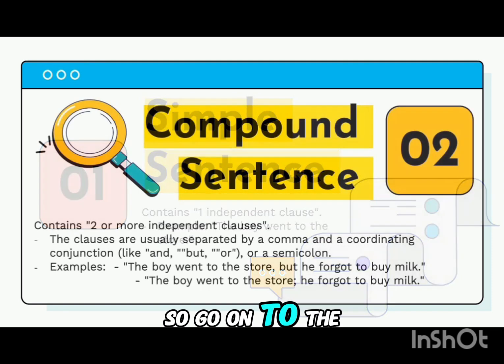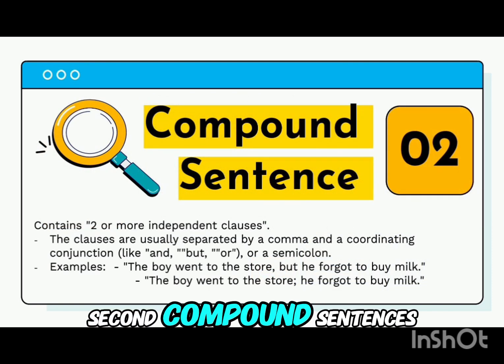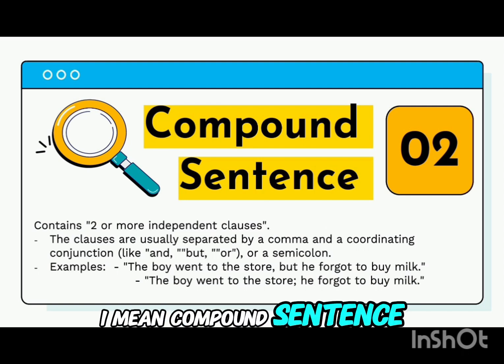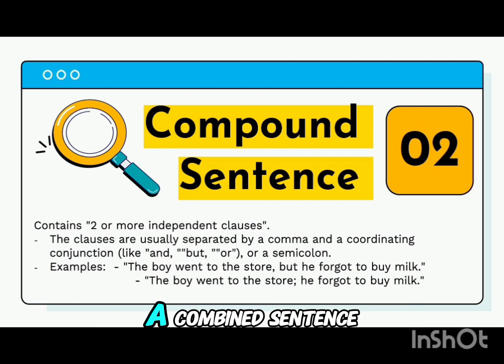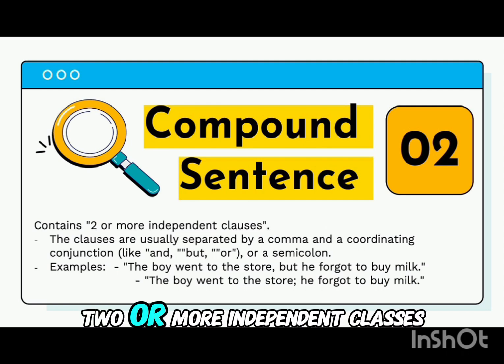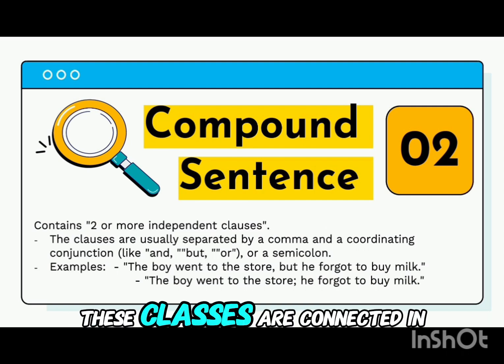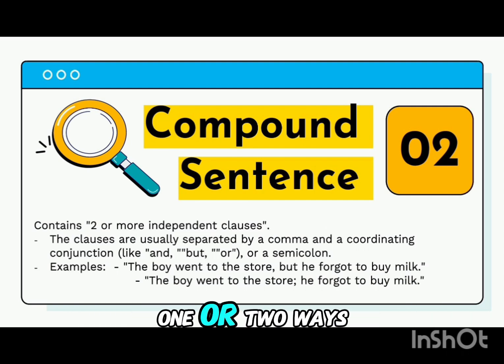So go on to the second, compound sentences. A compound sentence is formed by joining two or more independent clauses. These clauses are connected in one of two ways.